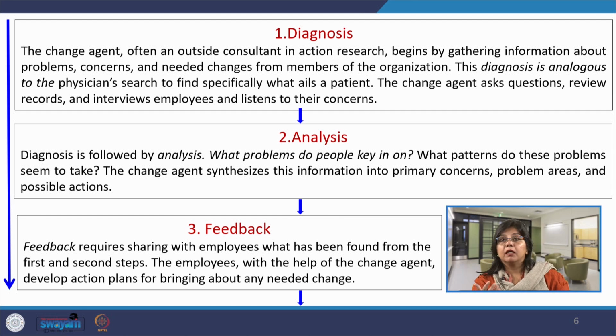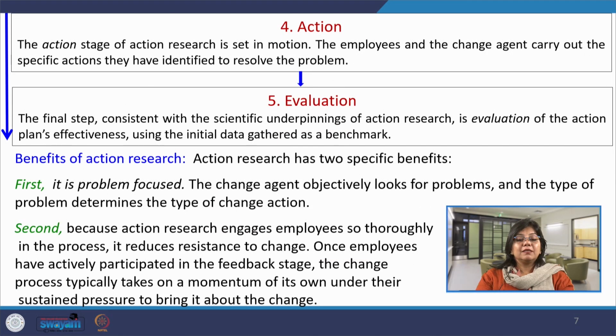This is feedback. So, whatever information the change agent has collected based on diagnosis and analysis is shared with the employees, and the employees give feedback on that collected information to the change agent, and accordingly the change plan is initiated.